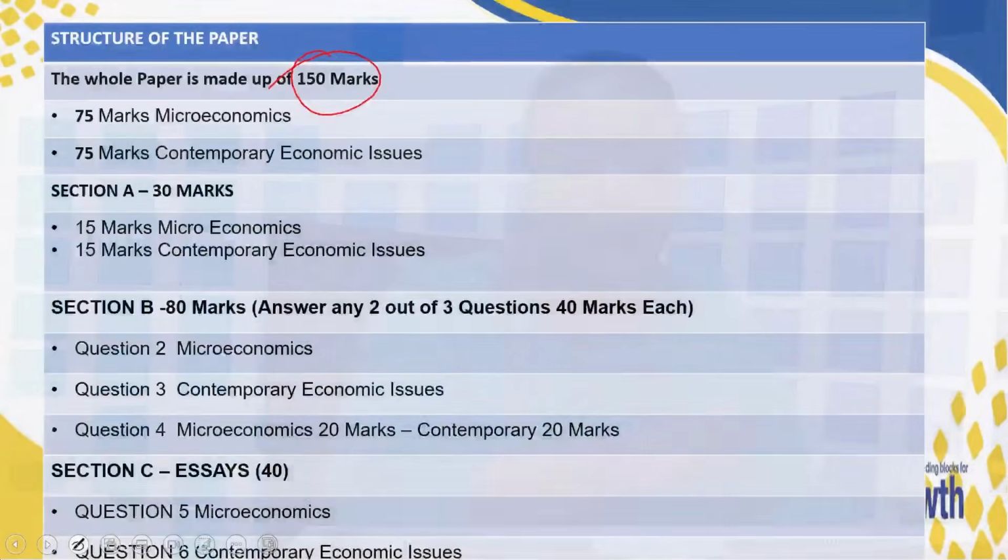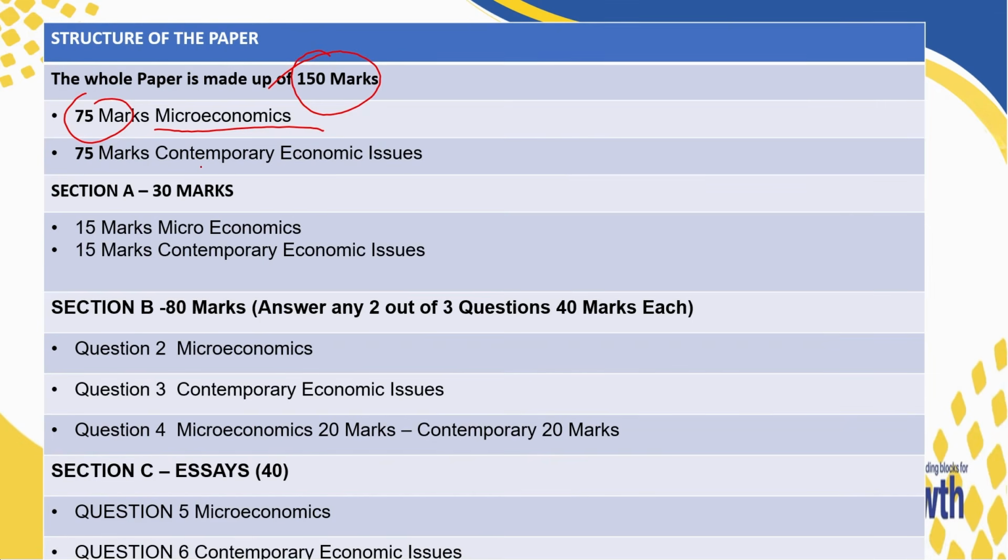Now, let us look at the structure of the paper. The whole paper is made up of 150 marks. And those 150 marks are divided into 2. There are 75 marks from microeconomics, and another 75 marks from contemporary economic issues.